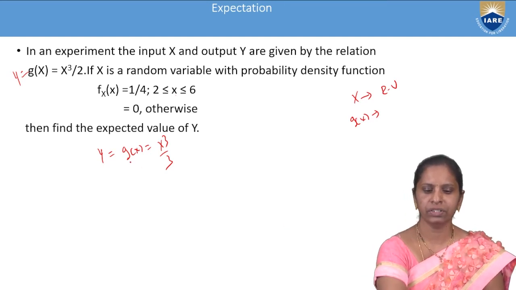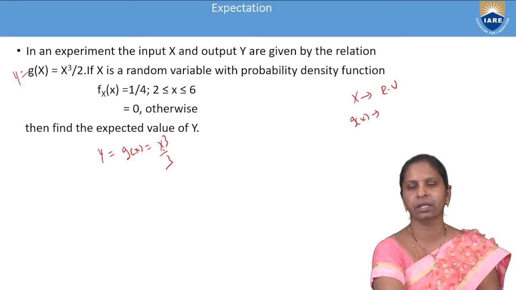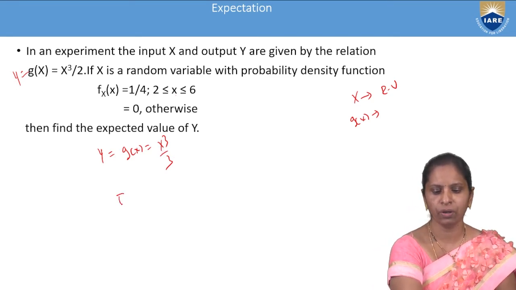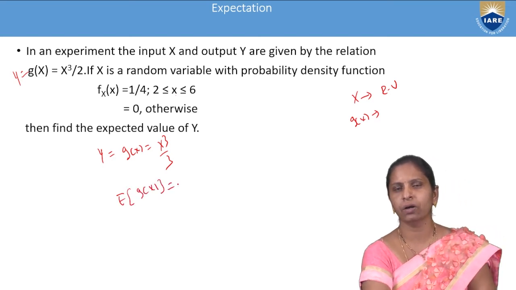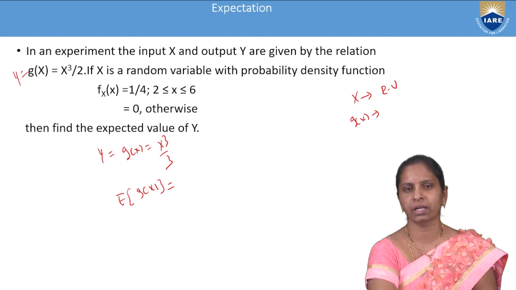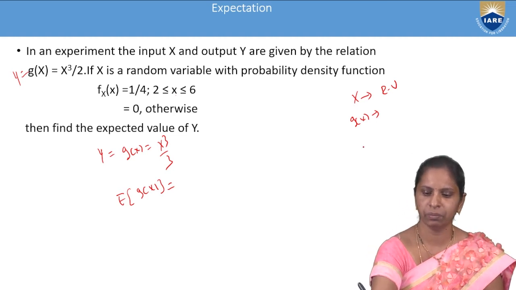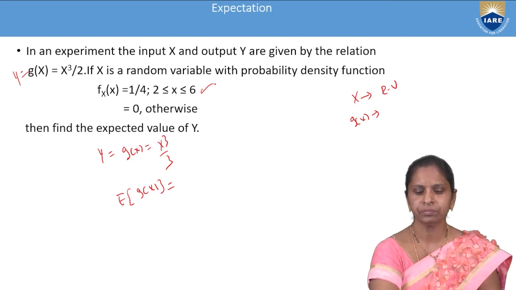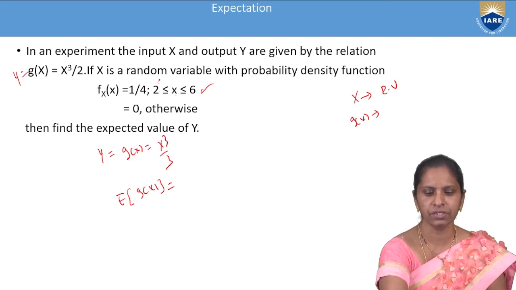Therefore g of x is a function of the random variable x. It means you have to use the formula of E of g of x. After that, you have to see whether it is a continuous or discrete random variable. For that, you have to see the density function and the range of x.